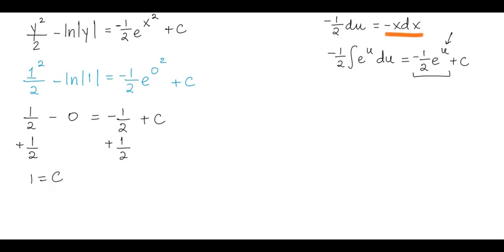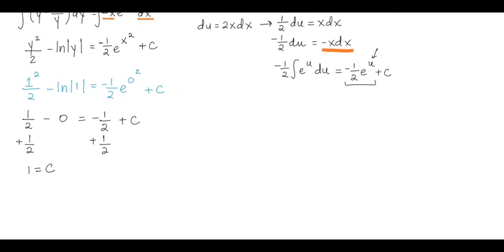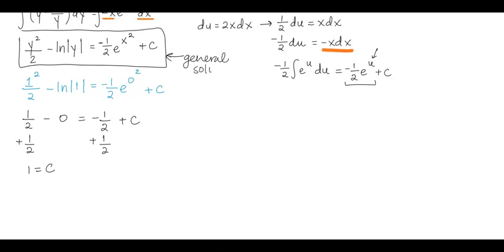So now that we know that c is equal to 1, we're able to write the explicit form for the particular solution. So mind you, this is not our answer, but here at this point we have the general solution, and it's still general because we had not yet solved for c.